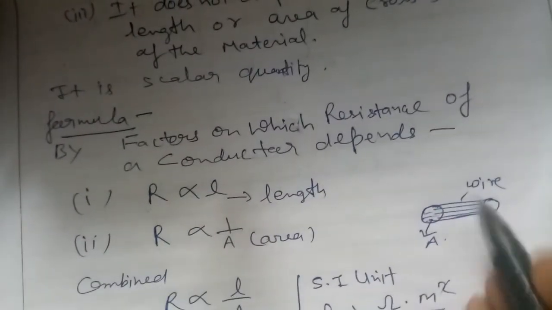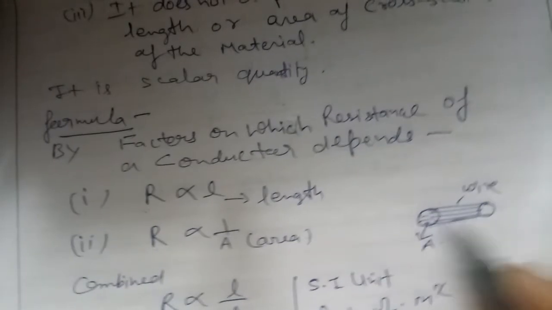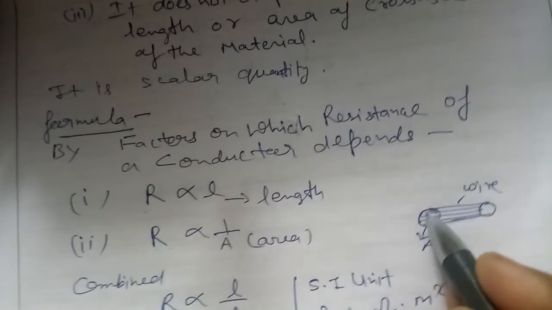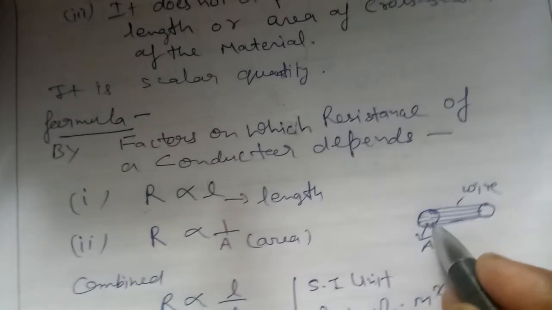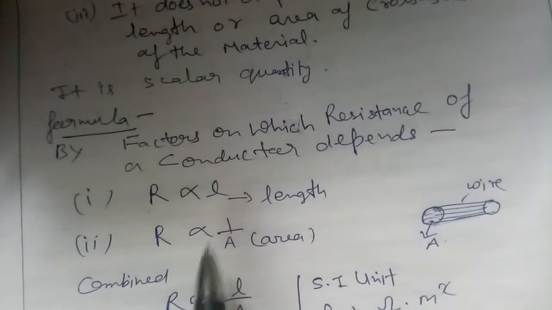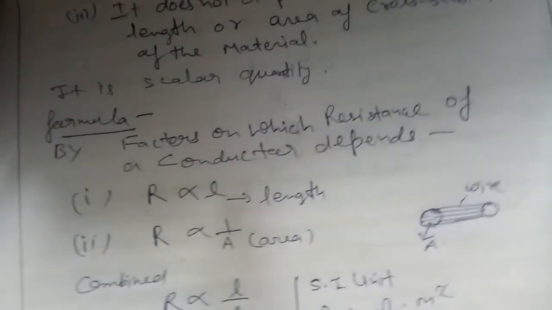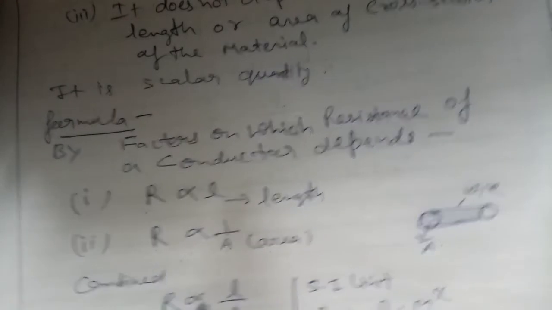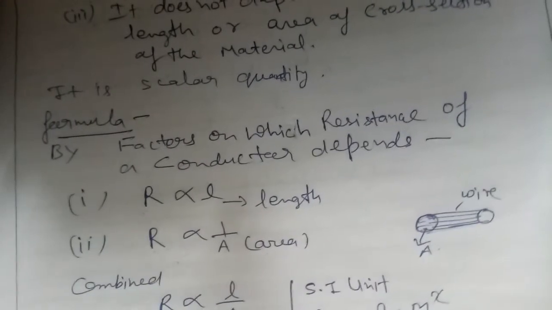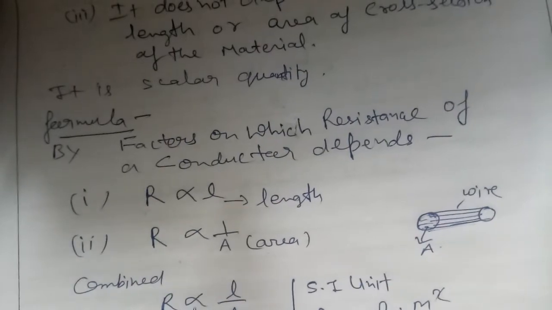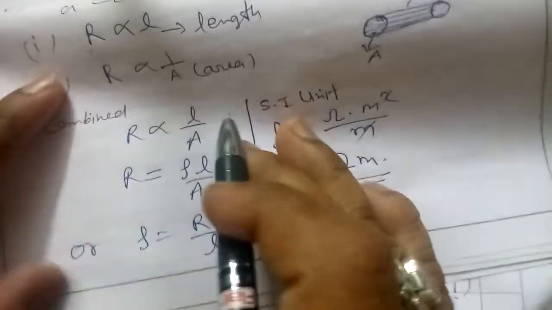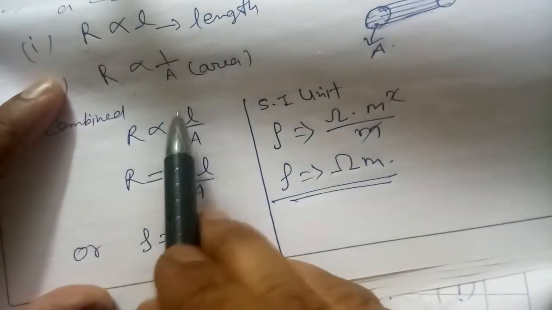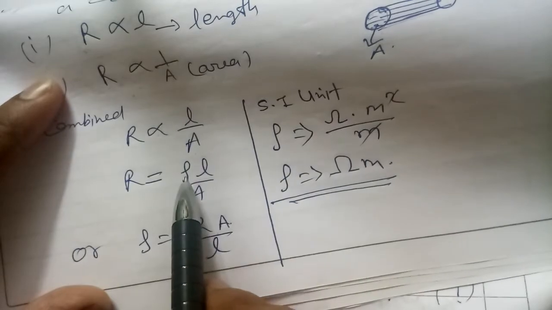Suppose we are taking a wire, the area of cross section is A. It is inversely proportional. When we combine both, we get R proportional to L upon A. If we remove the proportionality sign, we get one constant.